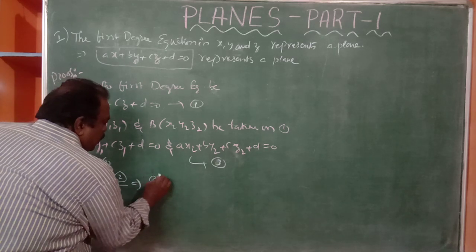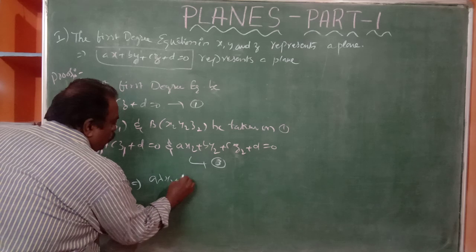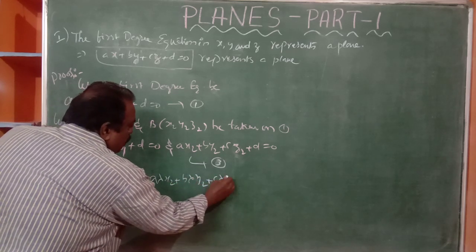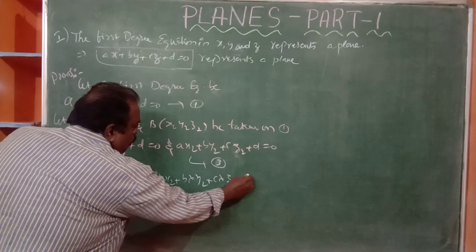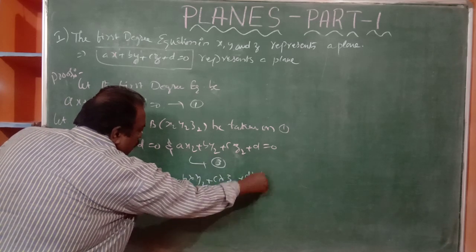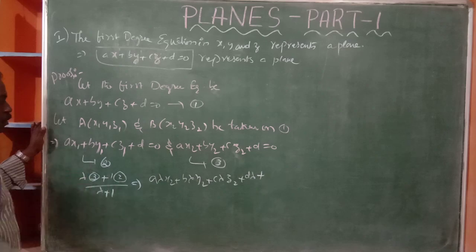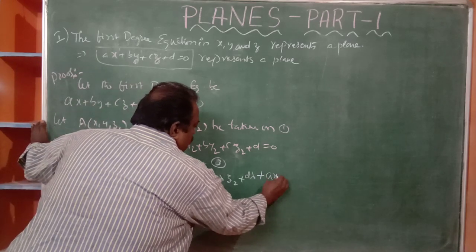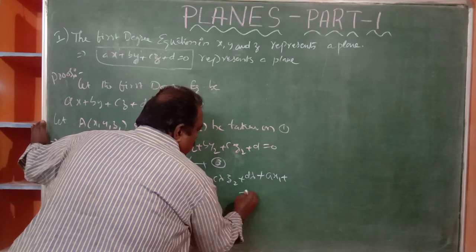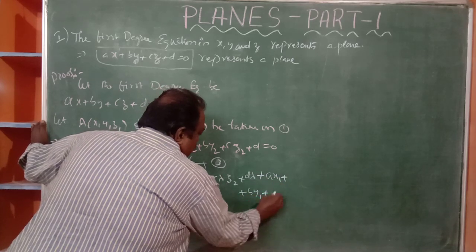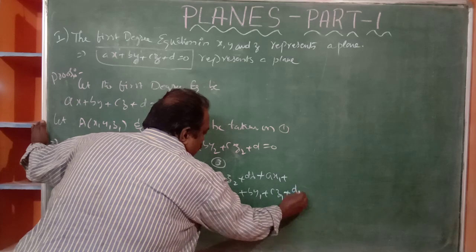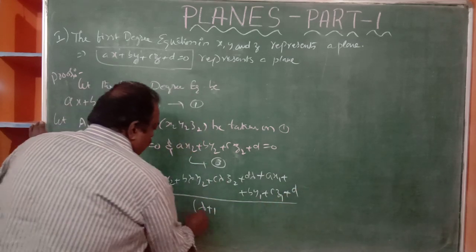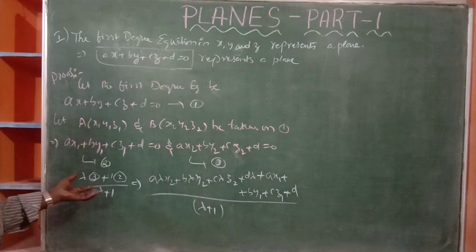It is a lambda x2, b lambda y2, c lambda z2 plus d lambda, plus 1 into the second, same: x1 plus by1 plus cz1 plus d, totally divided by lambda plus 1. Okay now, it is not an equation.